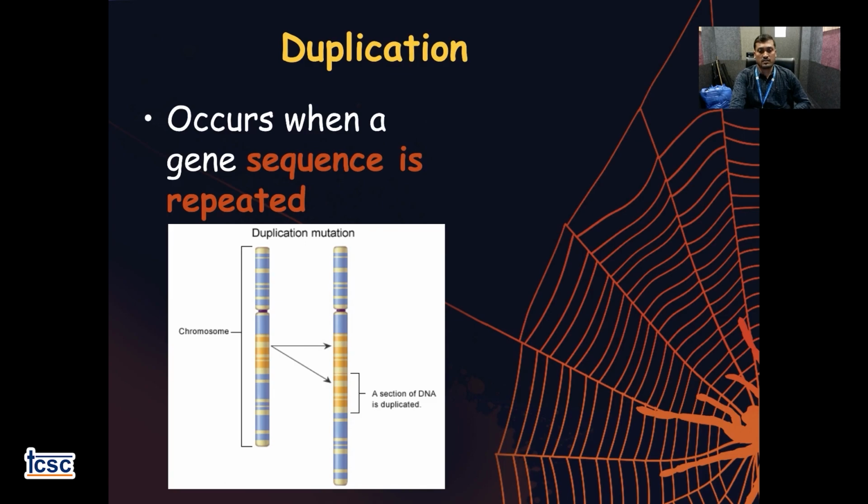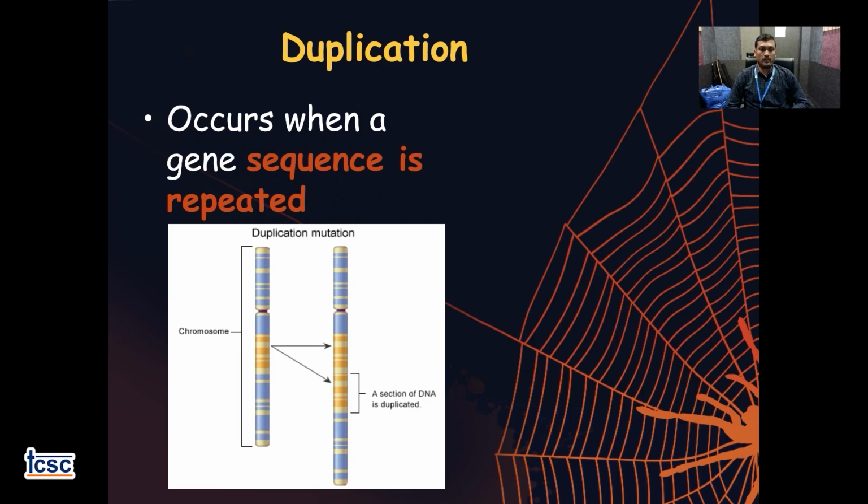Now duplication. On the basis of the word, duplication means a duplicate copy. The formation of an exact copy is called a duplicate, right? It occurs when a gene sequence is repeated.